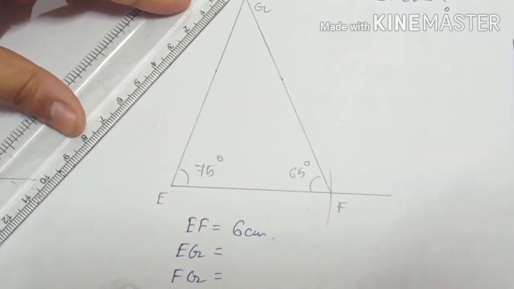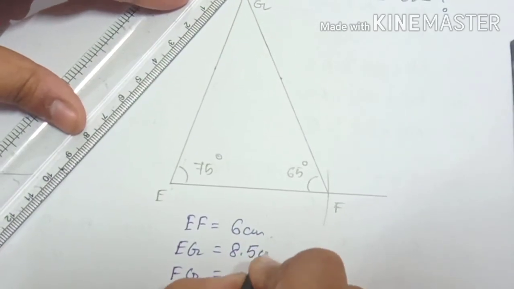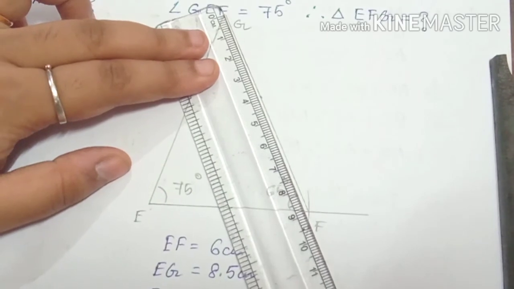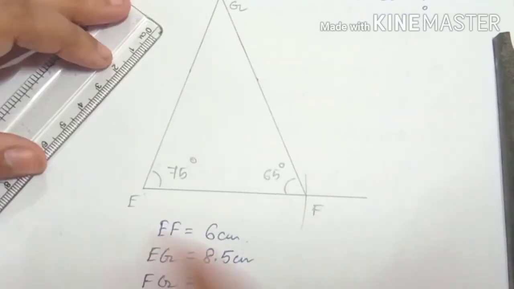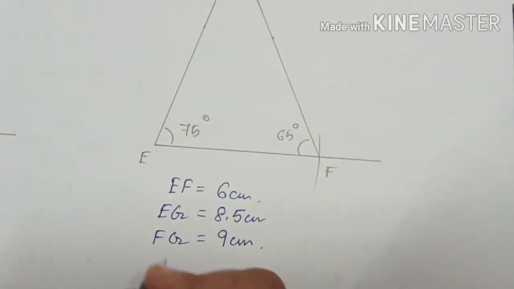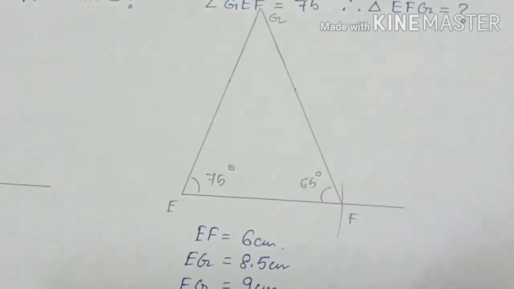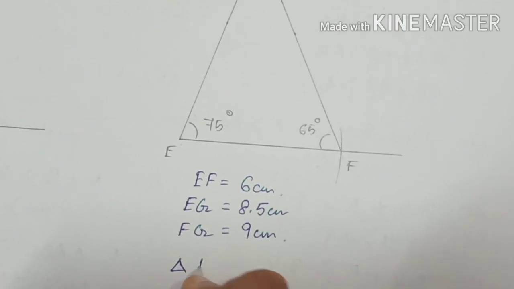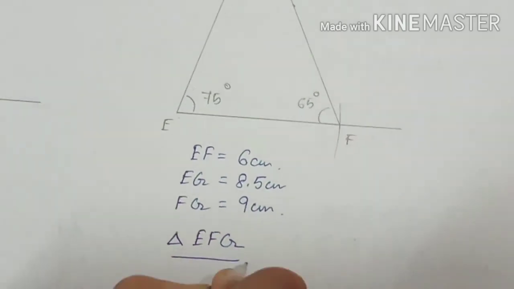EG is 8.5 centimeter, and FG is 9. Alright, and here the angles have already been given. So this is how we make the triangle EFG with all its properties.